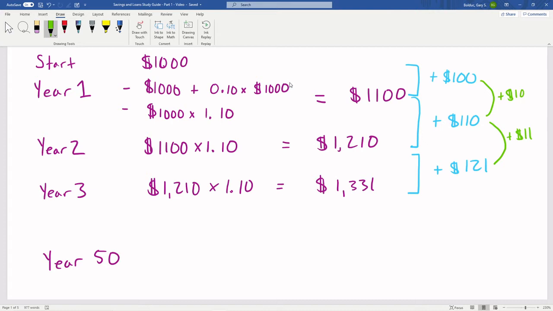And so that's why time is so important here. That's really the big thing. Out of this, what you need to really get a feel for is that time is the thing that is really helping you here. So that's why the advice is always start saving for whatever you want to save for as soon as you can. Even if it's not a ton, that money will grow by just being saved.